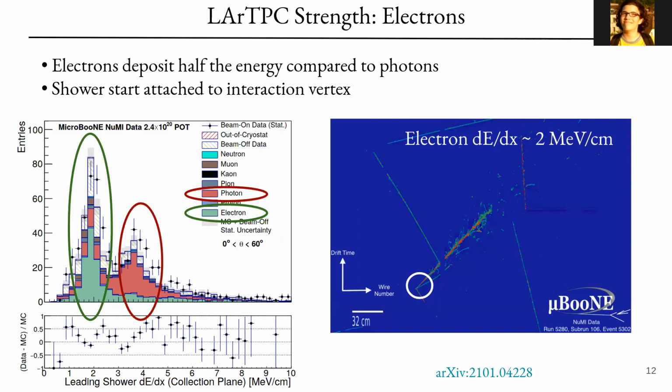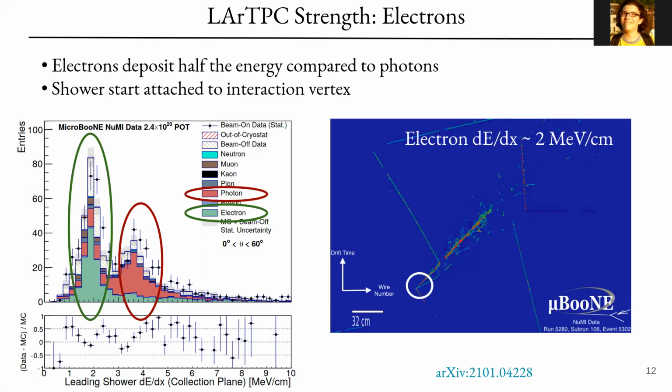On the other hand, we have the electron showers in our detector, and electrons deposit half the energy compared to photons, which is exactly what you can see in the figure included here on the left, showing the energy deposition per unit length for the leading shower, with a green histogram showing the electron contribution with a clear peak at around 2 MeV per centimeter, unlike the photon contribution corresponding to the red histogram and a peak deposition at about 4 MeV per centimeter.